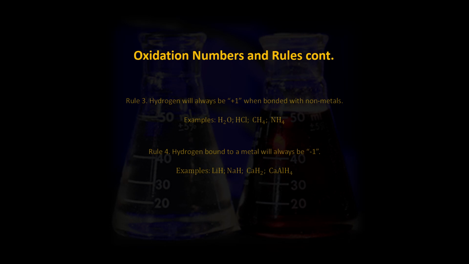Note that hydrogen is the only element that can exist having either a positive ionic charge of 1+ or a negative ionic charge of 1-. Examples shown are lithium hydride, sodium hydride, calcium hydride, and calcium aluminum hydride.